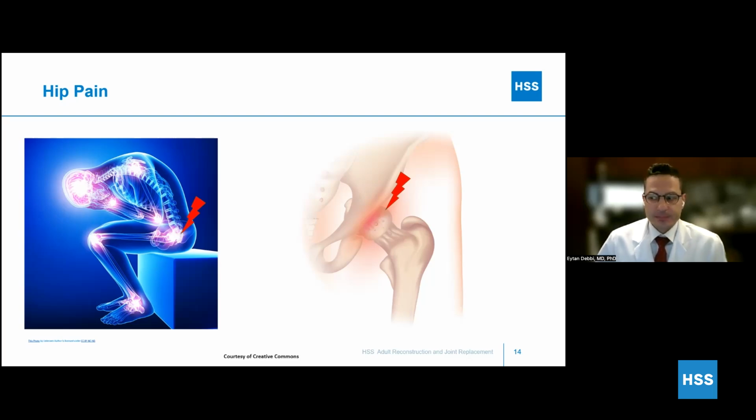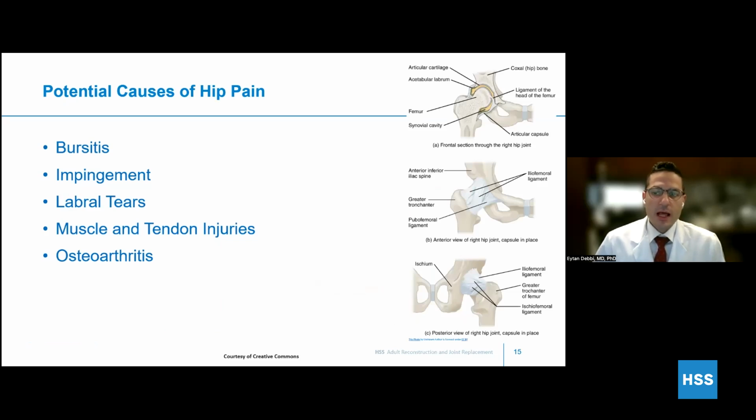Next slide, please. So there are a lot of potential causes of hip pain, and this is really not an exhaustive list, or we could be here all hours of the night discussing the potential causes. But I think these are some of the most common causes of hip pain that I see. Each one has different levels of severity on your function, and different interventions that we can possibly provide.